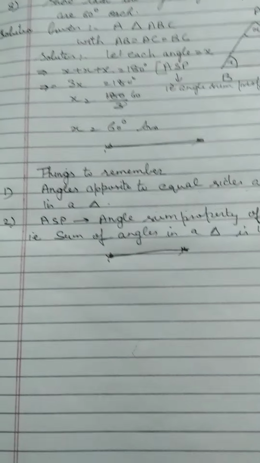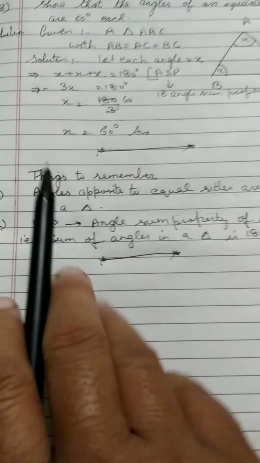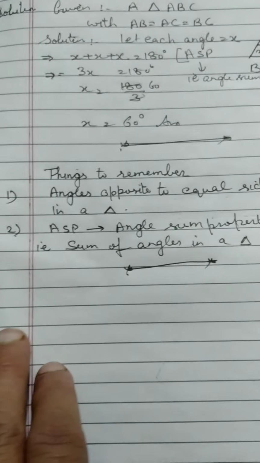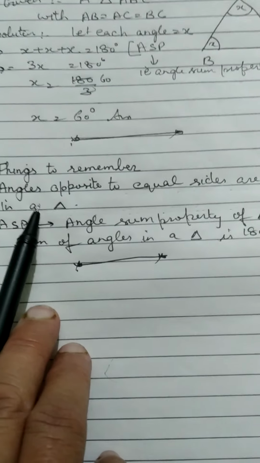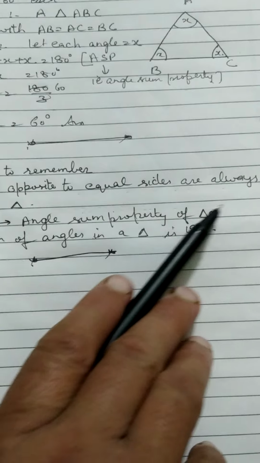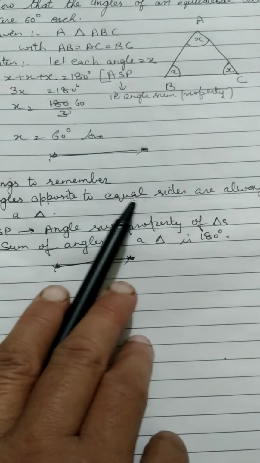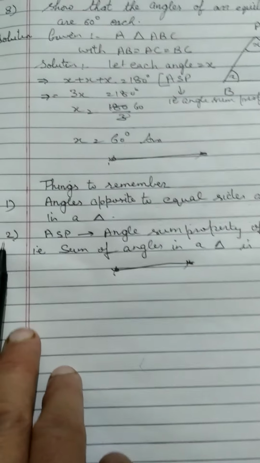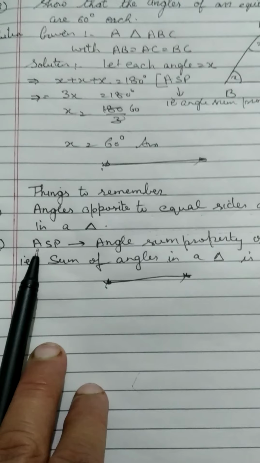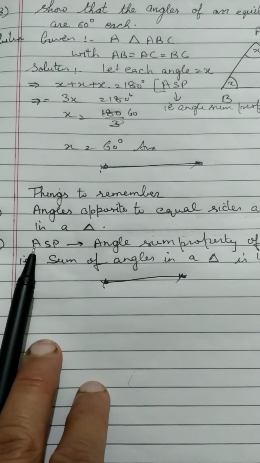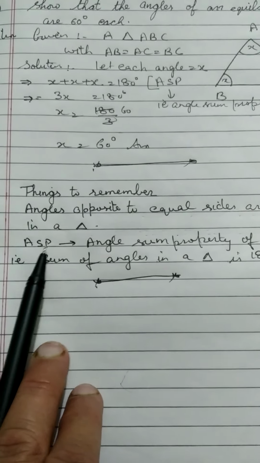Now there are some things to remember in this exercise. Number 1, the angles opposite to equal sides are always equal, or we can say that the sides opposite to equal angles are also equal. Then the second thing is we have used at some places the term ASP.